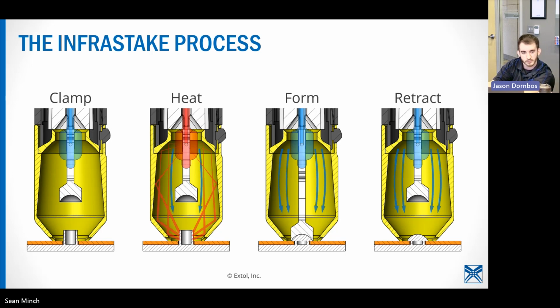That becomes semi-molten. And then the plastic will be formed in form stage. You see the anvil has stricken the part and formed it while it's molten. And then high flow air will turn on and really rapidly cool that down. So once everything is complete, the InfraStake unit will then retract.